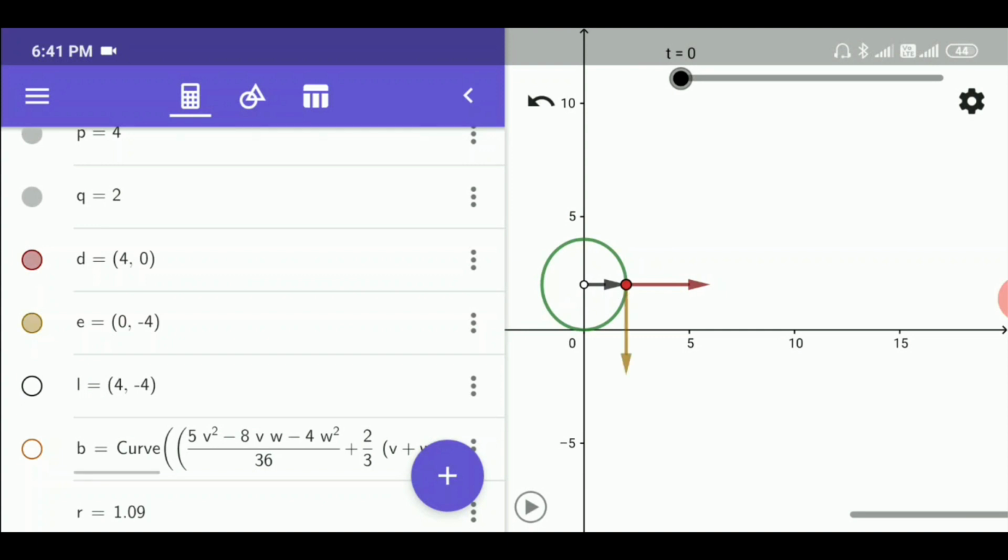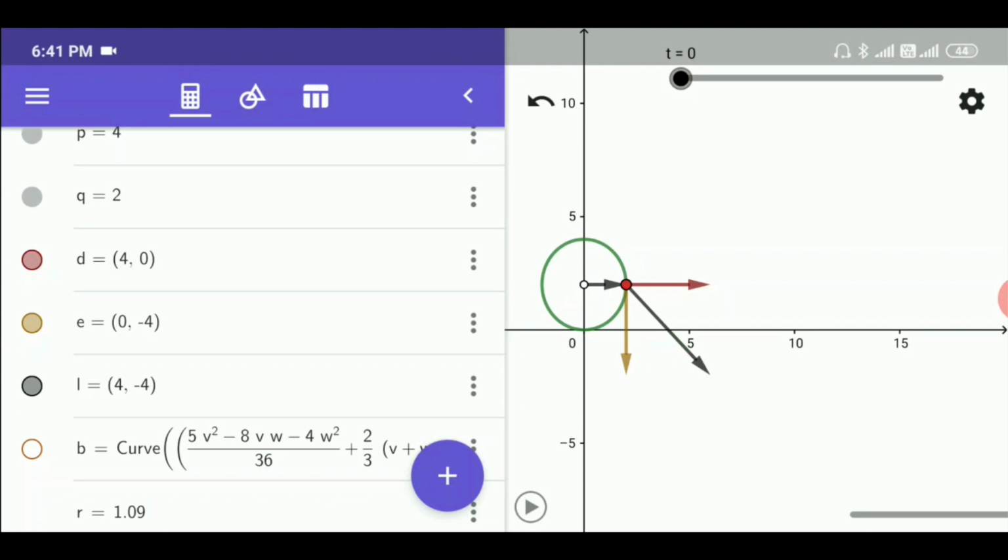We will have another one, which will indicate the R omega vector, and finally a black vector, which will indicate the resultant of those two. Remember that these lines not only show the direction of the respective vector, but their relative length also gives you an idea about the magnitude of the real vectors.